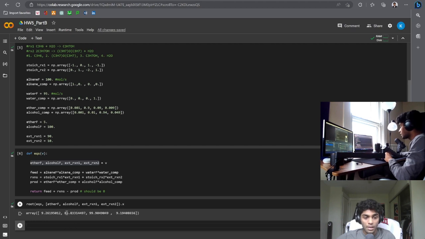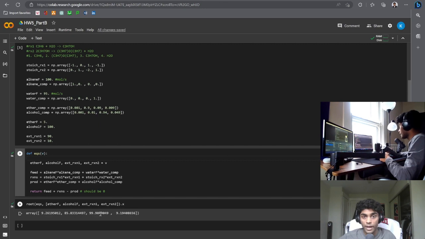Instead, it is around 85 moles per second. And the extent of reaction 1 is closer to 100 than it is 90. Our extent of reaction 2 is actually not that far off of a guess. It is 9.19.